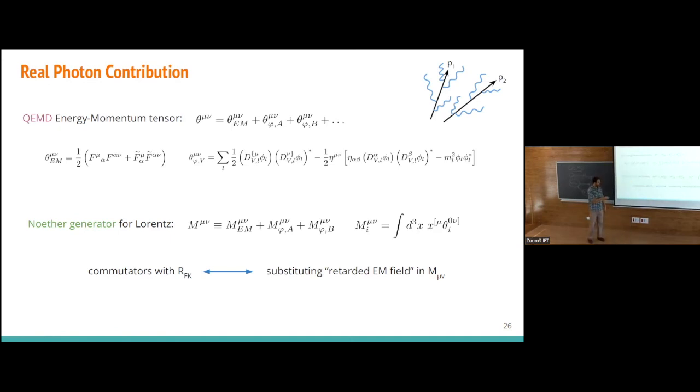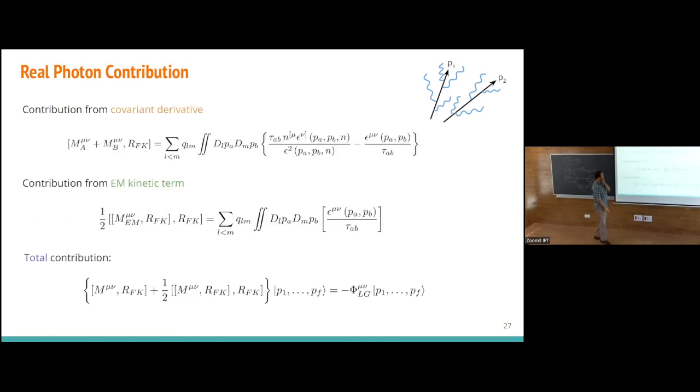Now commutators with this operator that creates a soft photon cloud are equivalent to taking this formula and whenever you have a field, substituting the linear vector, the retarded field generated by the outgoing charge and monopole in this theory. So we just substitute the retarded field, and I'll save you the details.